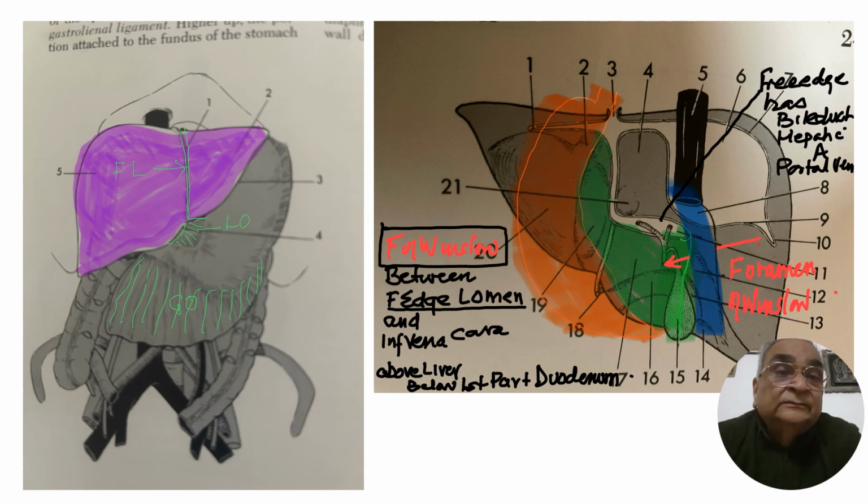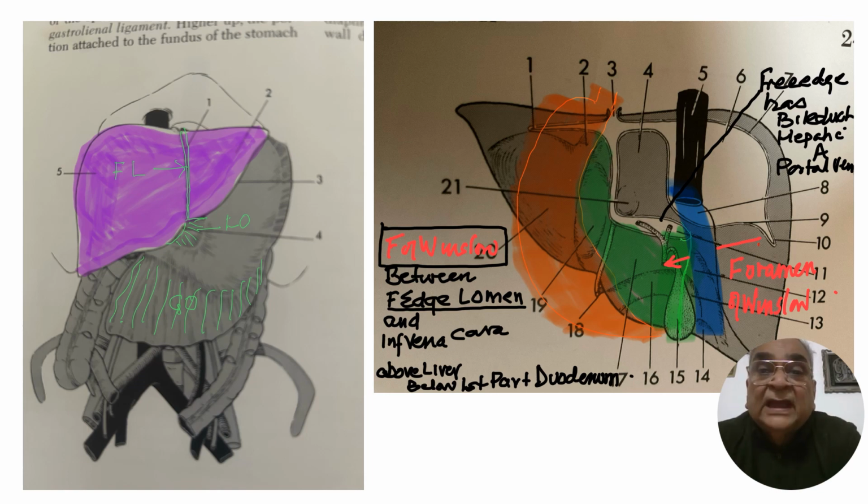And then these two divide into a right and a left coronary ligament, and then go posteriorly into the free edge of the lesser omentum. So after placing the liver here and the falciform ligament, you can see the lesser omentum getting attached to the liver in a H-shaped manner, in a perpendicular manner, and then becoming the greater omentum.